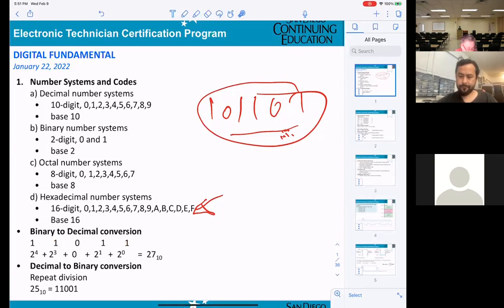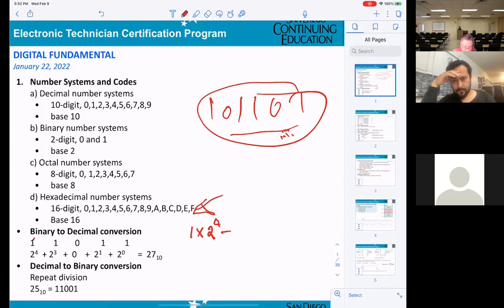11011. First thing, you take that 1 times 2. What power? Okay. Right now you add this point right here. Then how many bits left over? 1, 2, 3, 4. So that has to be power 4.